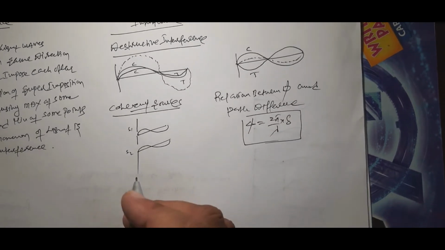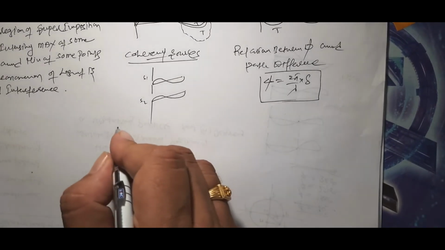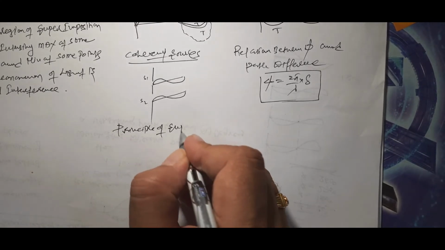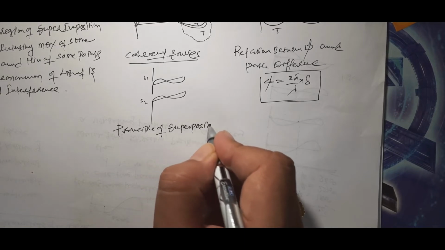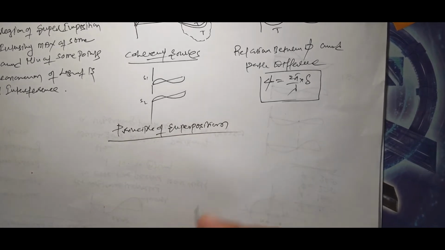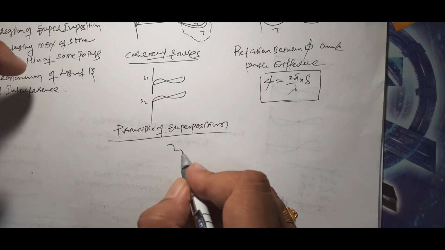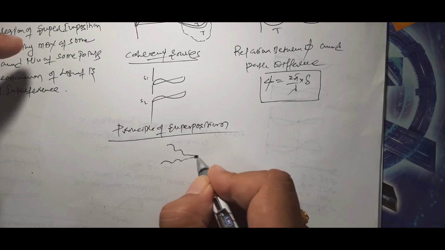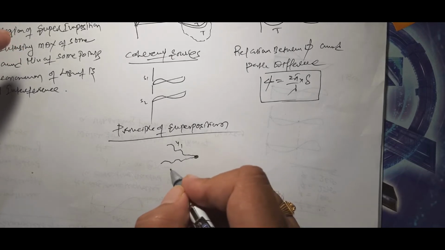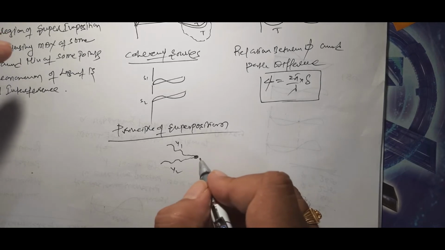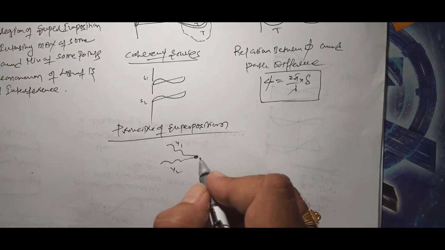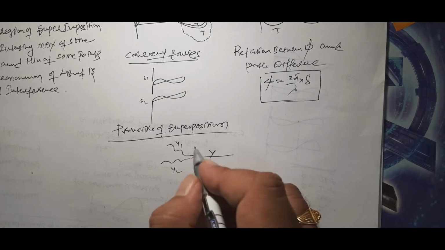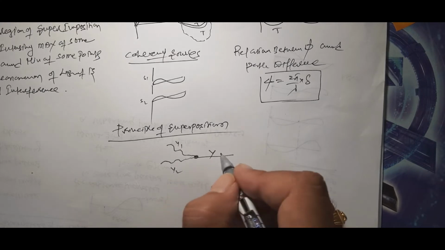Very, very important problem. Now we are going to discuss the principle of superposition. When a number of waves are incident on a particle in a medium, then the resultant displacement of these waves is the vector sum of the displacements of the individual waves.